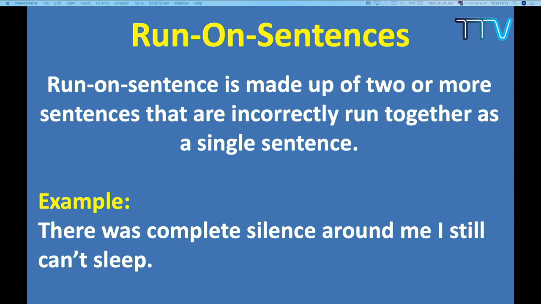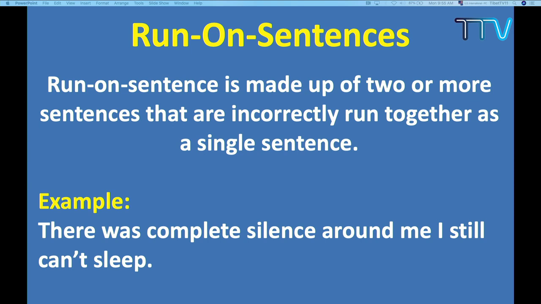Sometimes you make a mistake. What is that mistake? That is run-on sentences. The sentences are running without any stopping. Even if there are two independent sentences, we tend to consider them as one single sentence. So this type of error is called a run-on sentence error.